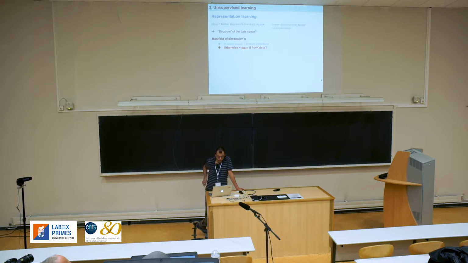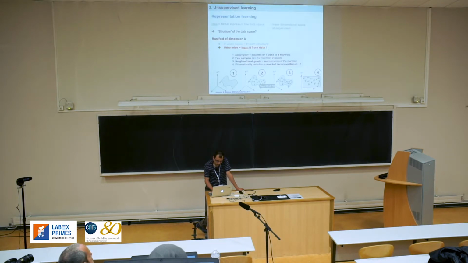Nonetheless, in most of our applications, we don't know this specific space, we just hypothesize that this nonlinear space exists, this manifold, and we need to learn it from data. So there are techniques for this. Here's the pipeline. First, you assume that your data lies on this specific nonlinear space. Second, you do have a few samples in your database, and you assume that they belong to this space that you want to estimate.